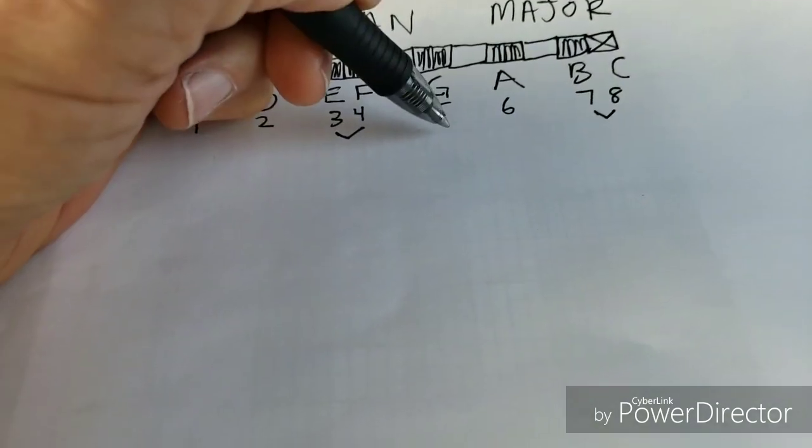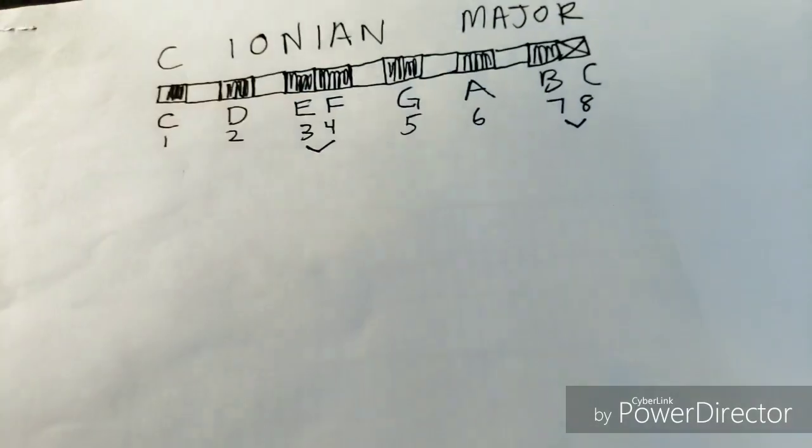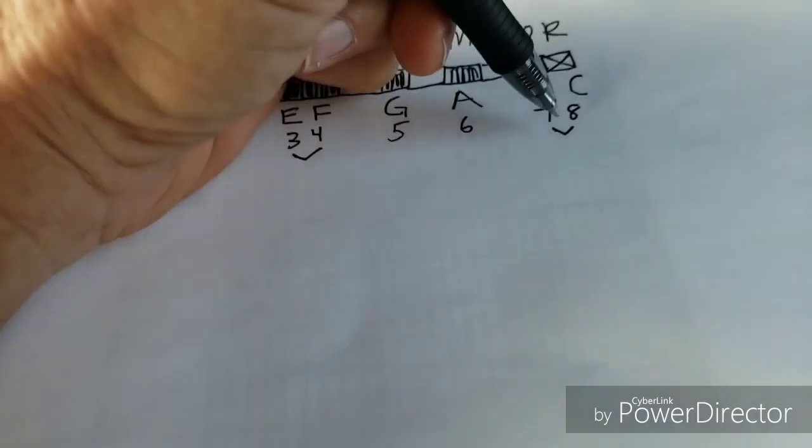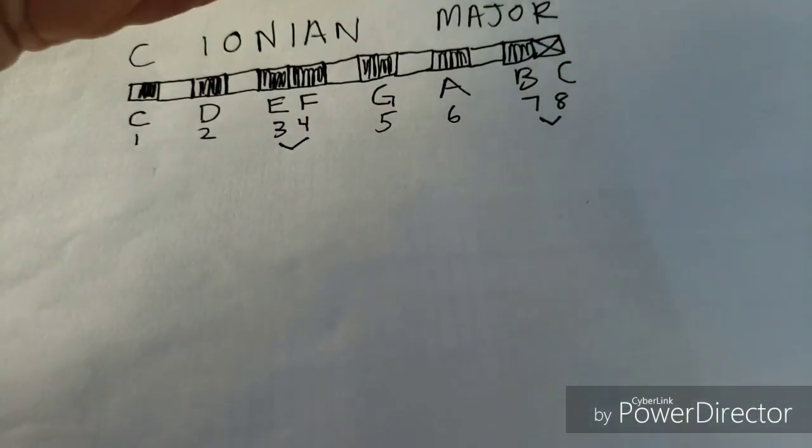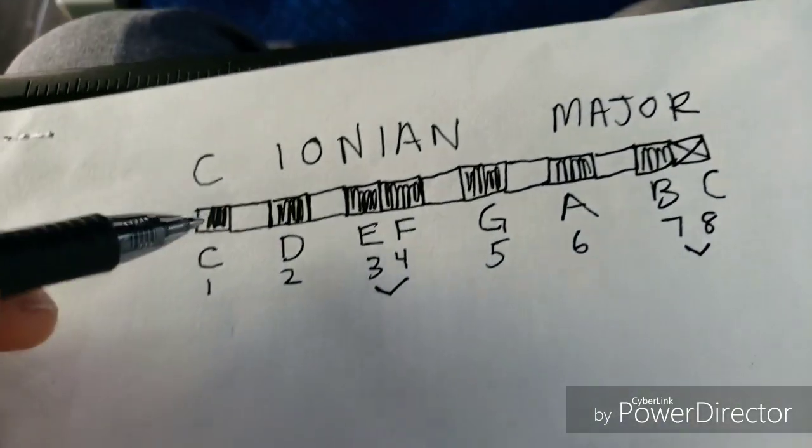Then it would be A, then B, then C sharp, and then back to D. So that's how you would play D to sound like Ionian, like the do, re, mi, fa, sol, la, ti, do.